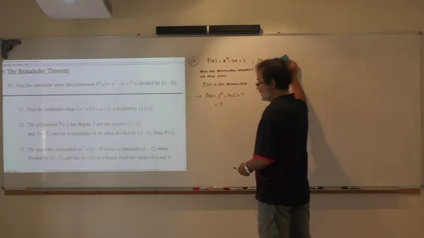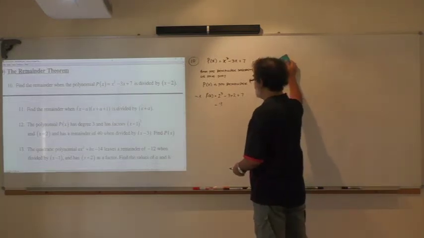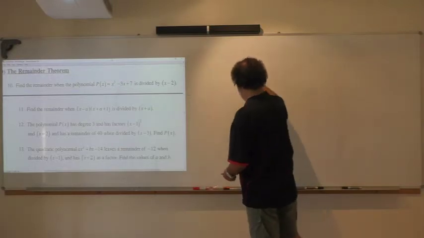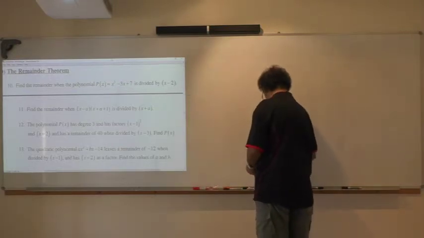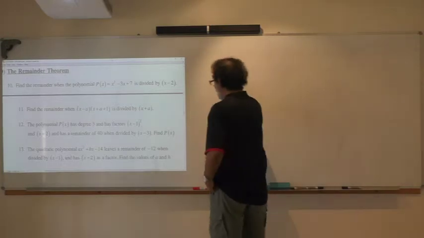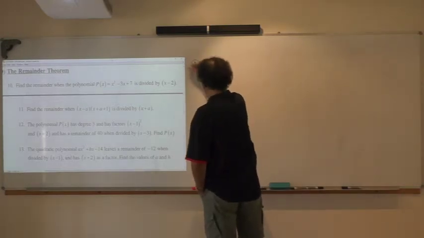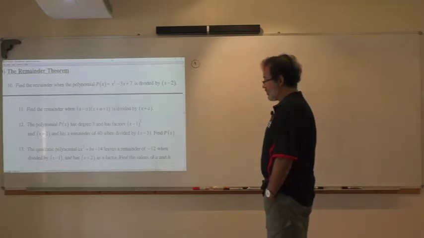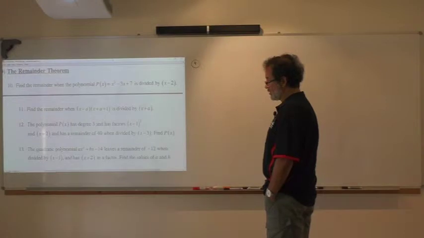Now let's see how we're going to do question 11. In question 11 we have: find the remainder when (x minus a)(x plus a) plus 1 is divided by x plus a.